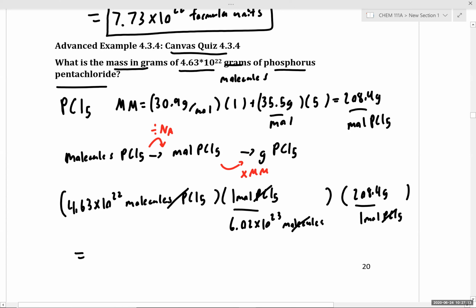Remember to enter the number and the power of 10 together in parentheses to avoid calculator errors, times 208.4. And that in turn gives us 16.0 grams of phosphorus pentachloride.